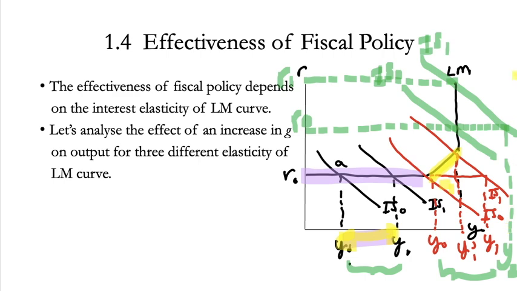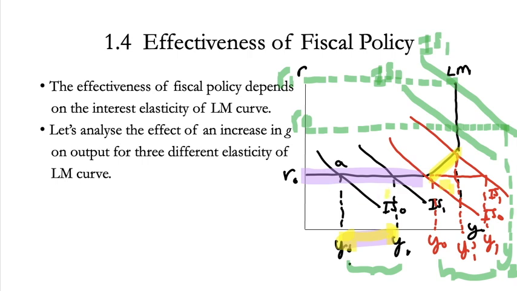But when we have the vertical range here, in which the interest rate increase of 100% eliminates the whole increase in income due to the increase in fiscal policy, you can see that fiscal policy is not very effective. The most effective range of fiscal policy is when LM is flat.